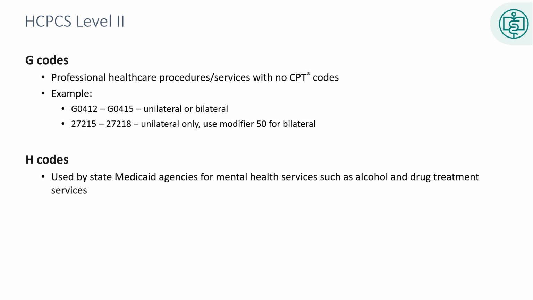The G codes are unilateral or bilateral. The crosswalk below the G codes notes the appropriate CPT codes to reference for non-Medicare patients. However, review of those CPT codes shows that they are only unilateral. When using the CPT codes, Modifier 50 would have to be appended if done bilaterally.